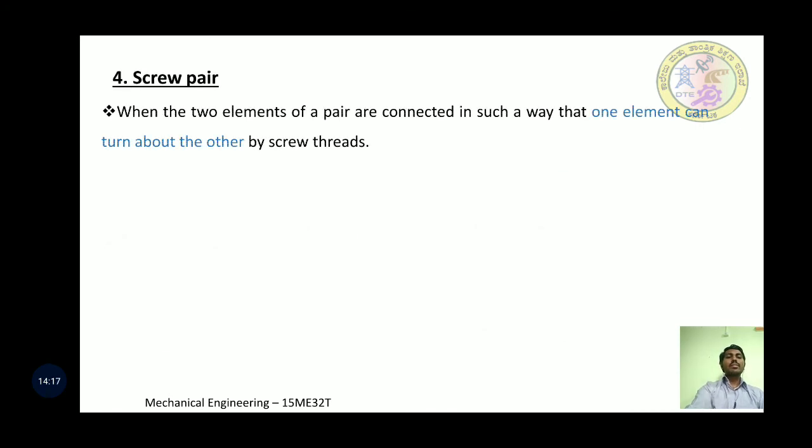Screw pair. When two elements of a pair are connected in such a way that one element can turn about the other by screw threads.